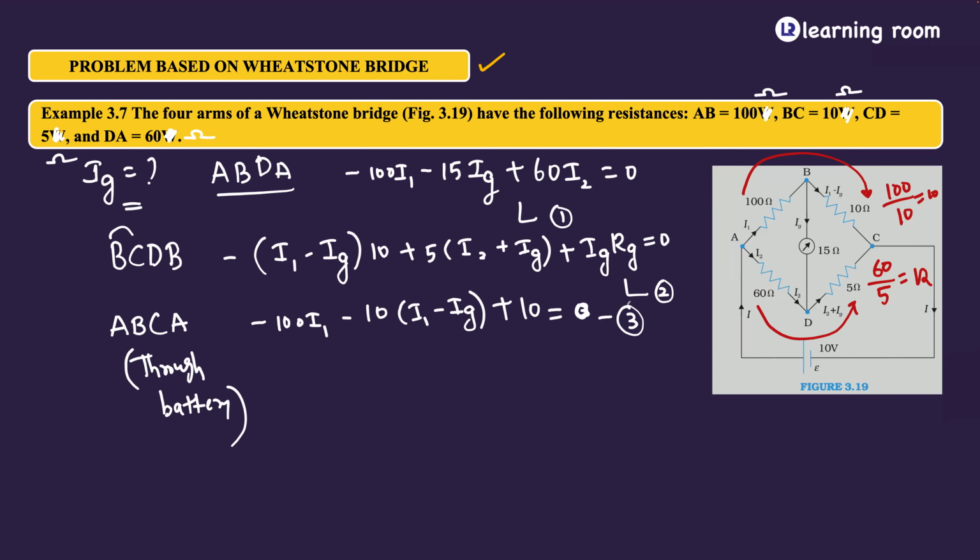So listen, what will happen is 0 will get cancelled. Minus 10I1 minus I1 is minus 11I1.